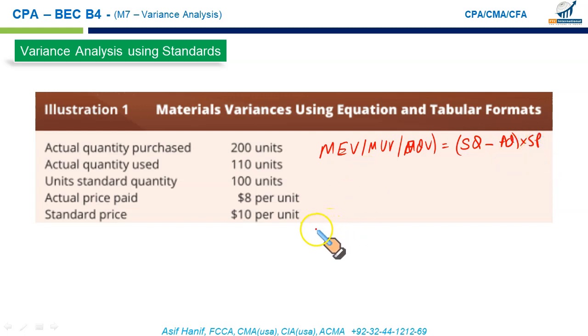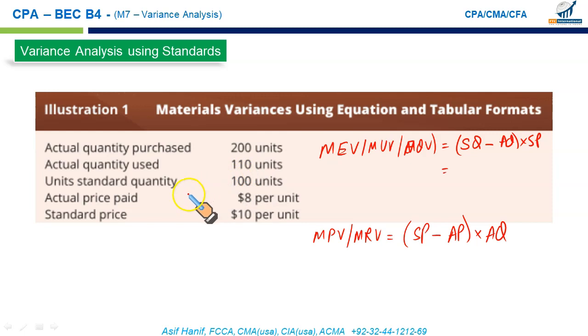This is efficiency. And if you want to calculate the material price variance, also called the material rate variance, it is equal to the standard price you should have paid minus the actual price you actually paid, multiplied by the actual quantity purchased or used. I'll show you. Now look at this. Actual quantity purchased 200, used 110, standard quantity 100 units, actual price paid 8, standard price paid 10.